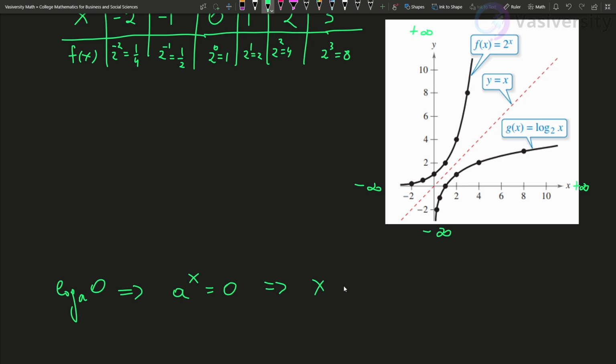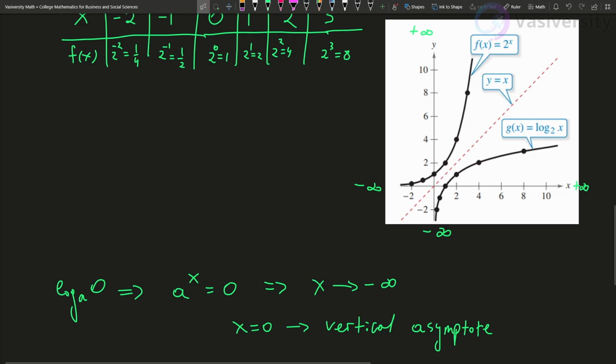So here x is actually approaching negative infinity but never reaches it. That's why the logarithm doesn't exist. So we do have x equal to 0 as a vertical asymptote for any logarithm that is not shifted, of course. If we shift the logarithm by any amount of units, then the amount of units we shifted it by is going to be our new asymptote.